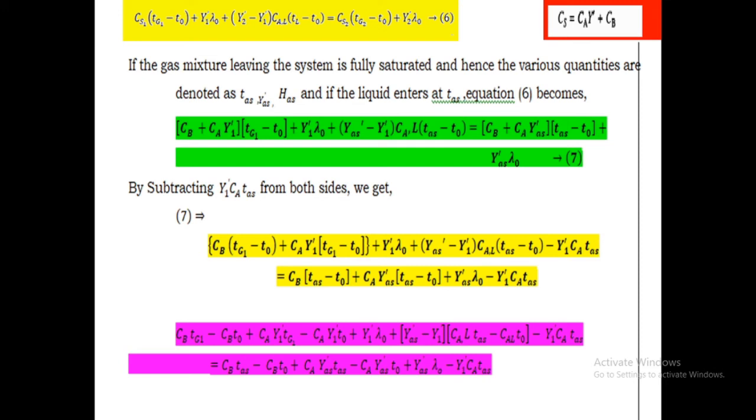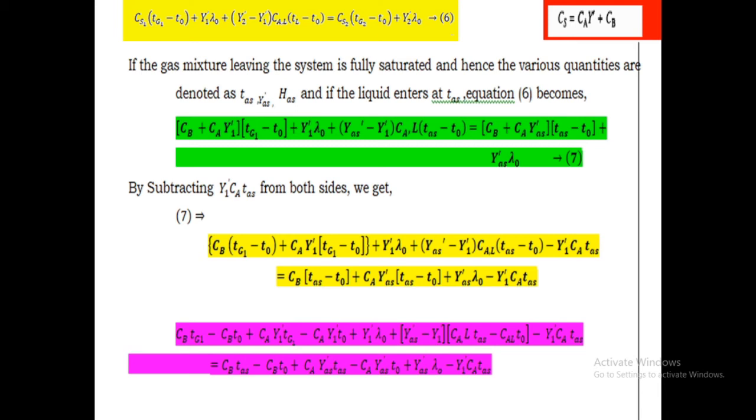So come to the point, equation 6, the first term CS1. CS1 means this is changed to Cb plus Ca into Y1 dash. So this is the humid heat expression into Tg1 minus T0. No change in the temperature difference. Plus Y1 dash into lambda naught. That value is also the same value.